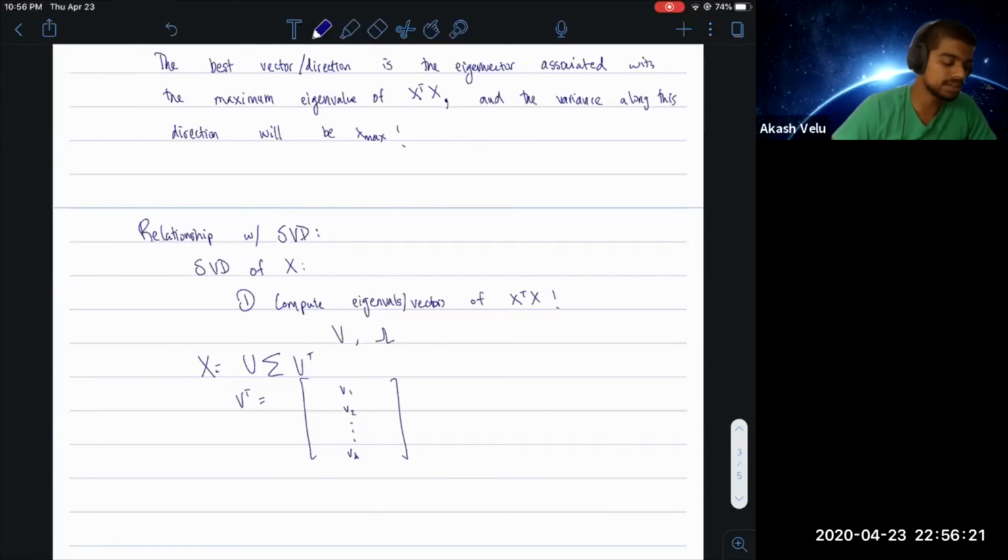Because there's D eigenvectors of X transpose X. And we usually write them in order of their eigenvalues. So lambda 1, the associated eigenvalues are in ascending order.